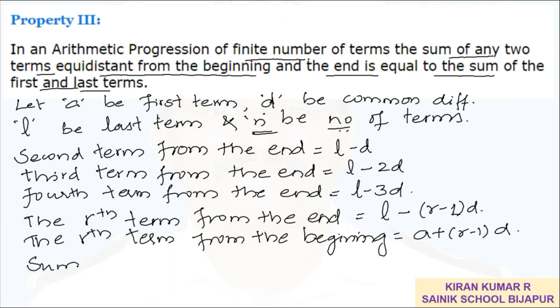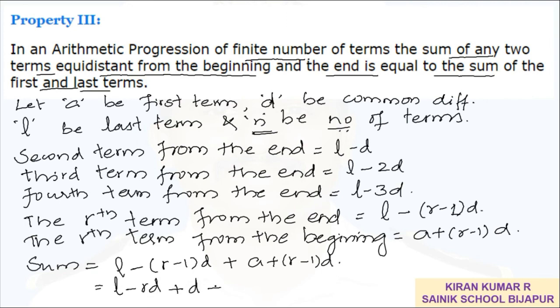So now let us take the sum of these two. The sum will be L minus (r minus 1) times d plus a plus (r minus 1) times d. Let me simplify. It will be L minus rd plus d plus a plus rd minus d. Here d gets cancelled, rd also gets cancelled.